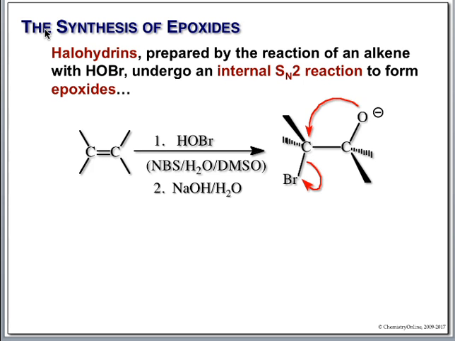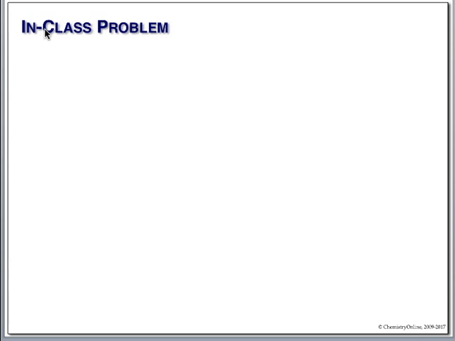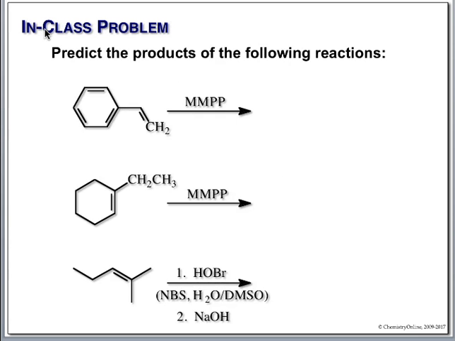It simply attacks, bromine goes, and presto, we have made the oxirane, or epoxide. A little more brutal, perhaps, than the reaction with MMPP, but this reaction works fairly smoothly. So any question? You see the 234 chemistry comes back to haunt you over and over again. Let's go ahead and draw some of these out. Make sure we can figure out exactly what these epoxides are going to look like.